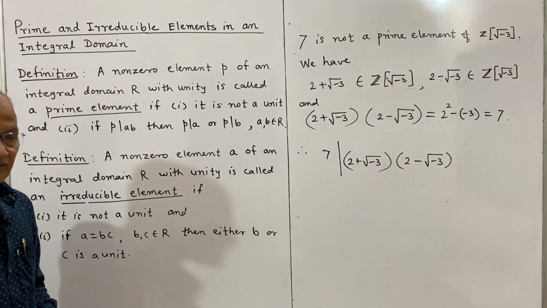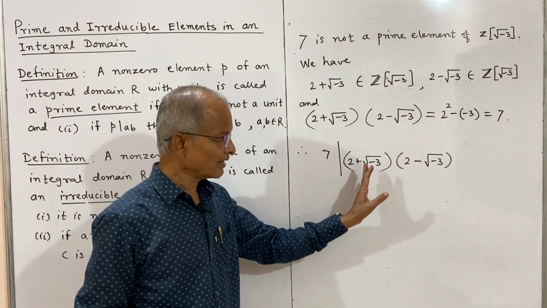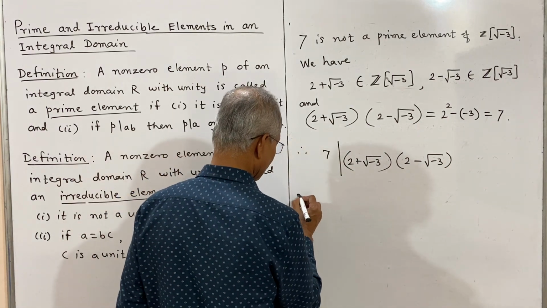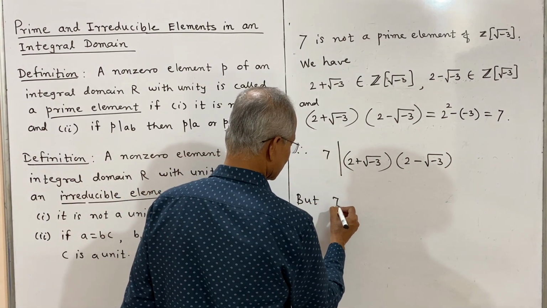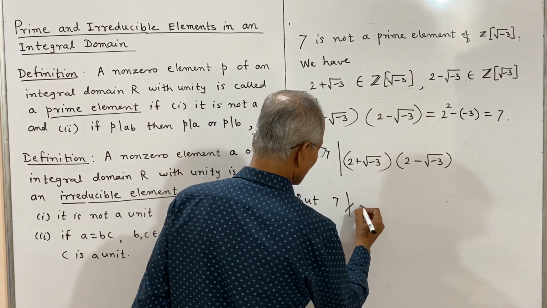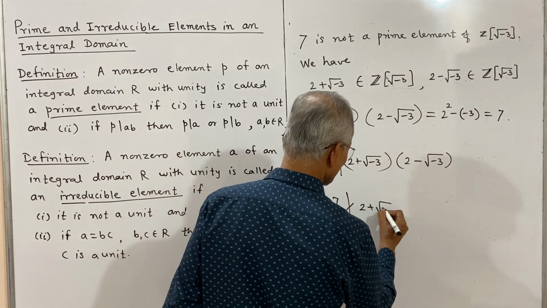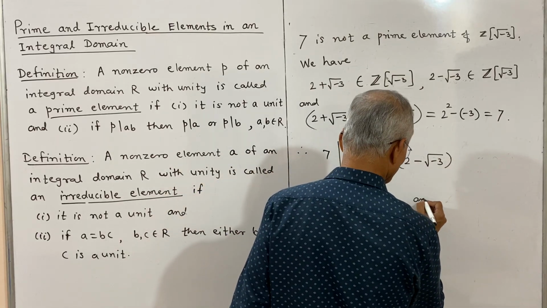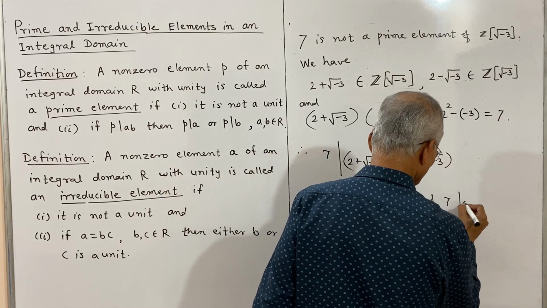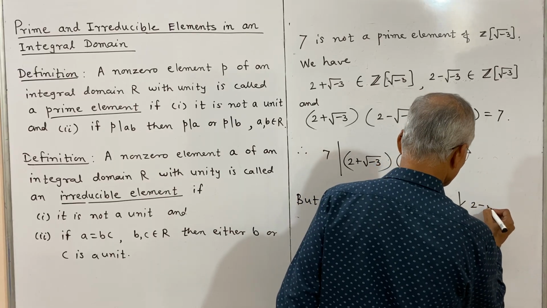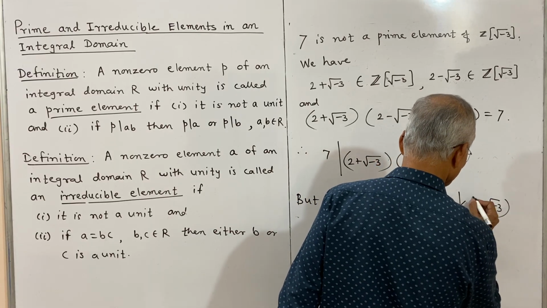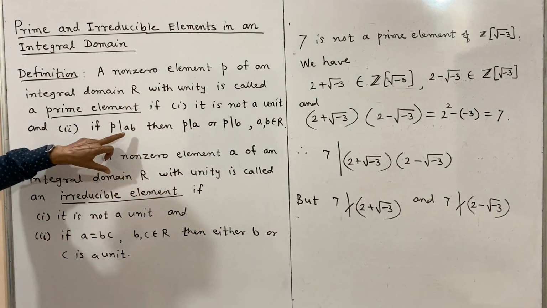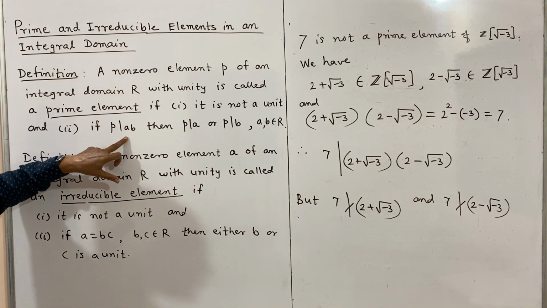But 7 does not divide any of these factors. 7 does not divide 2 plus under root minus 3, and 7 does not divide 2 minus under root minus 3. And this does not satisfy the definition of a prime element.